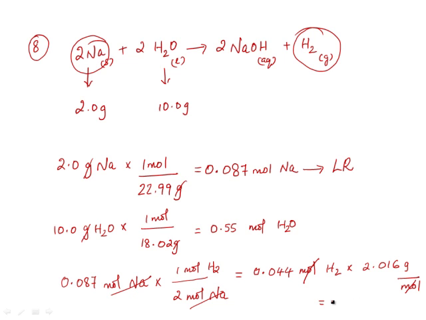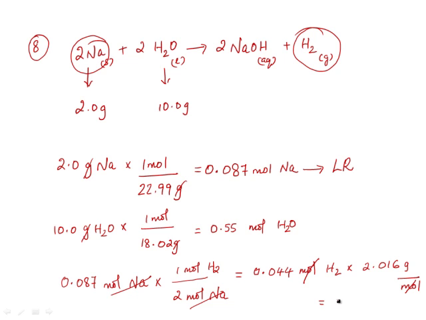So how many grams of H2 can form? 0.044 multiplied by 2.016. Remember it is H2, so you have to take the molar mass of H2, 2 hydrogens, right? If one hydrogen is 1.008, 2 of them is 2.016.